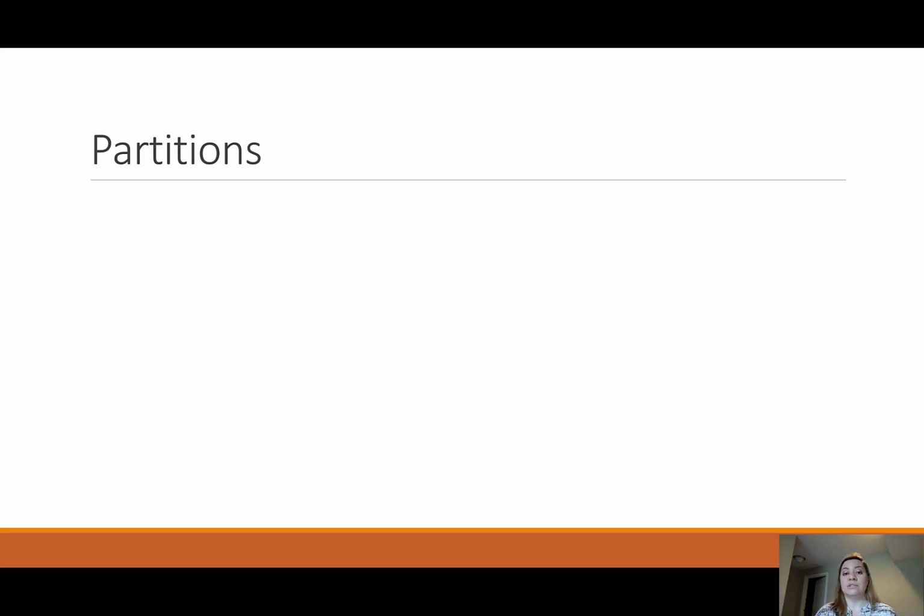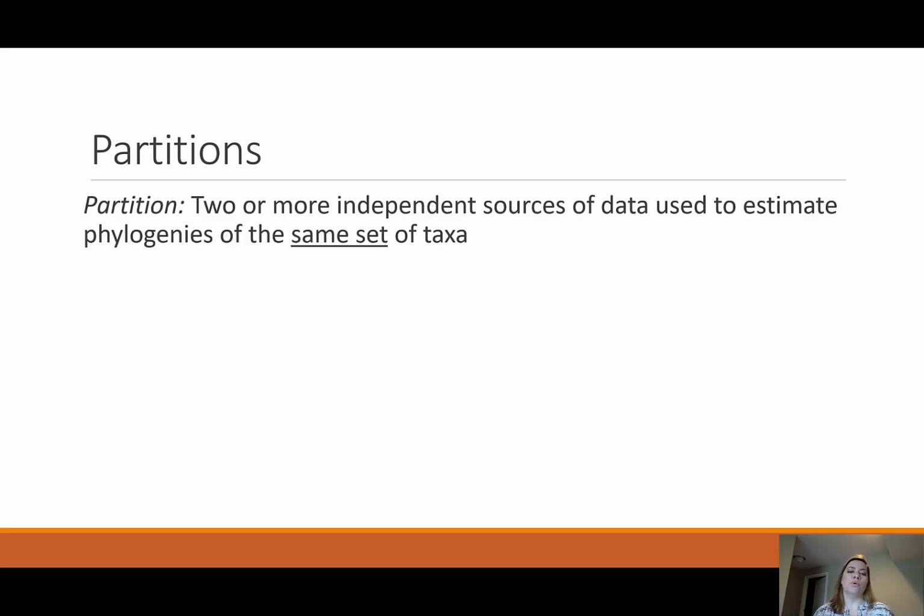A partition is something a little bit different, but it applies to what we've been doing, and it can be defined as two or more independent sources of data that are used to estimate a phylogeny of the same set of taxa. So a partition might be morphology and molecules, or morphology and DNA.